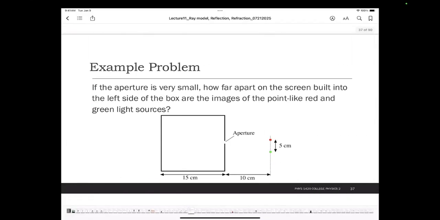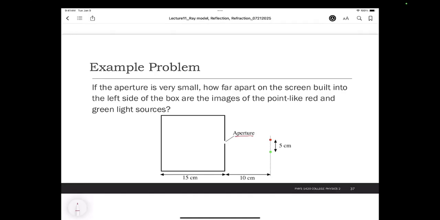Okay, let's talk about one exam problem. If the aperture is very small, here is the aperture, how far apart on the screen built into the left side of the box are the images of the red and green point light sources?